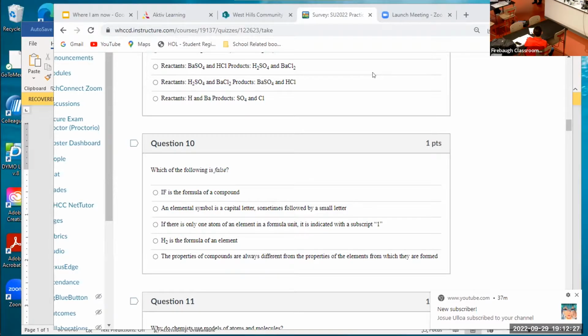It's not "if." It's IF is a formula of a compound. Is IF a compound? It's not. Okay, take me back. I know it's been a couple of weeks.